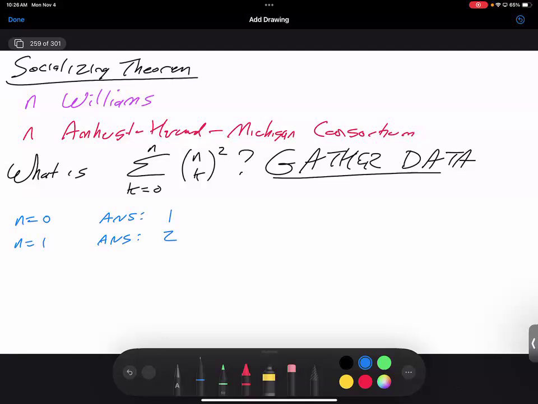Not even close, right? n equals 2. Now it's a little bit more interesting. We have 2 choose 0 squared plus 2 choose 1 squared plus 2 choose 2 squared. Really what we're doing is just squaring rows of binomial coefficients, right? So this is just 1 squared plus 2 squared plus 1 squared. That's just 6.